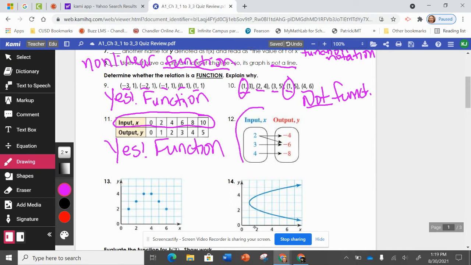For number 12, remember we're only worried about the input, the x values. And as you can see here for number 2, there's 2 lines coming off of number 2. That means 2 is repeated, so this is not a function.